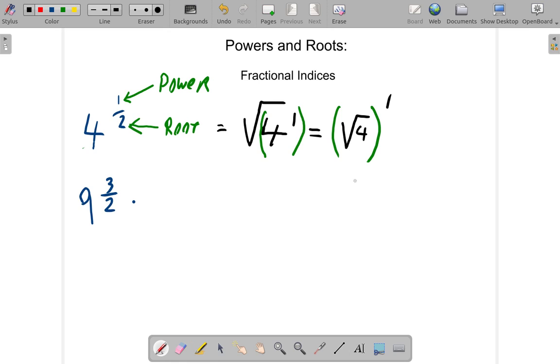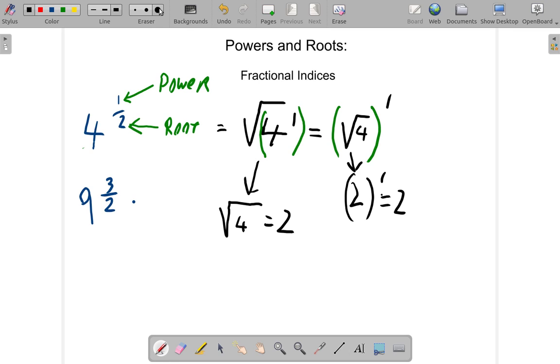The square root of 4 is 2. 2 raised to the power of 1 is what? It's just 2. So, this tells you the square root of 4, which is 2 raised to the power of 1, gives you 2. This one tells you the square root of 4 to the power of 1, but 4 to the power of 1 is 4, and the square root of 4 is 2. So you see, you get the same answer.